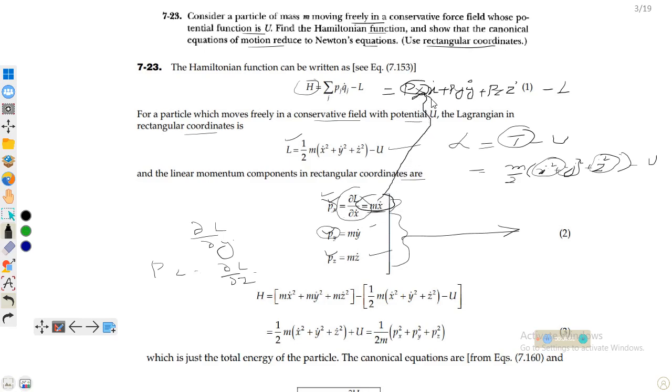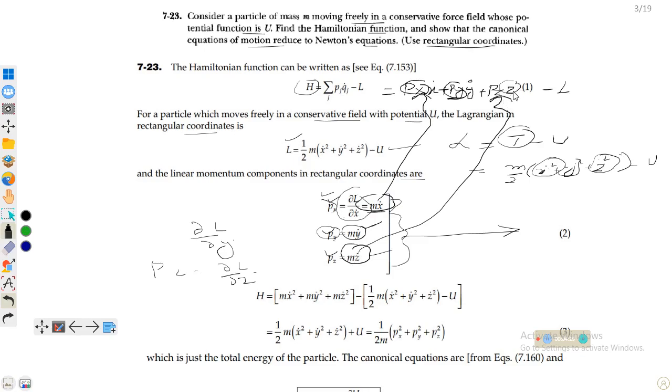We put m x dot, and with x dot it will become m x dot squared, plus p_y is equal to m y dot. We will pick this value from the earlier equation, so it will become m y dot squared, plus m z dot. We will put this value here, m z dot, and multiply by this z dot.